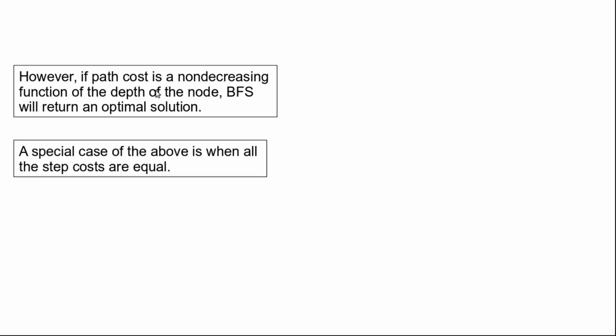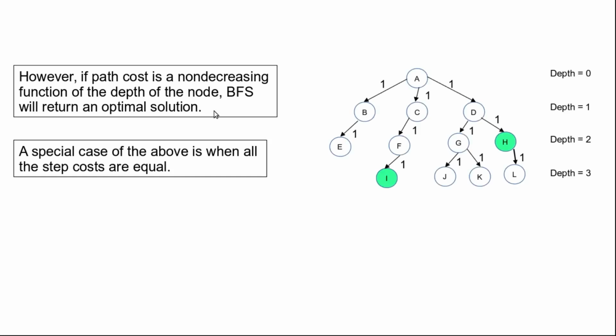A special case of the above is when all the step costs are equal. So what do you mean by that? As you can see, all the step cost in this case is 1. So whenever we move from one node to another, the cost involved is 1. So all the step costs are 1, hence they are equal.